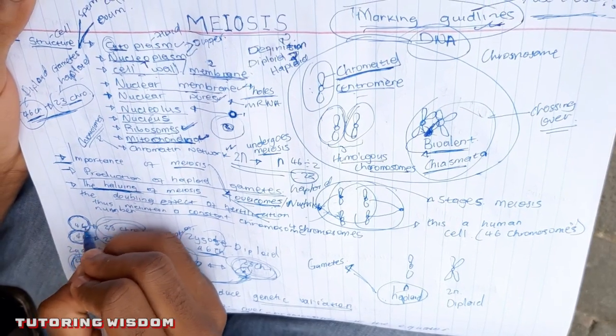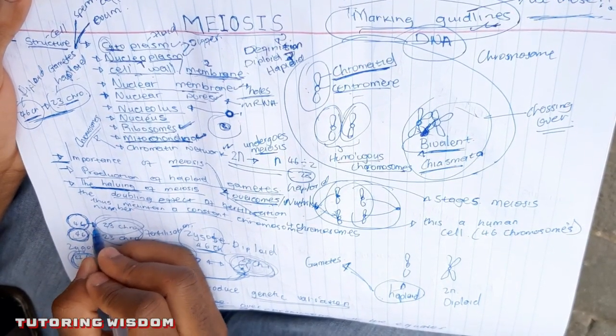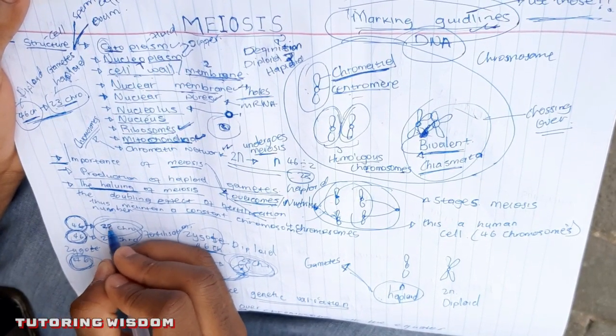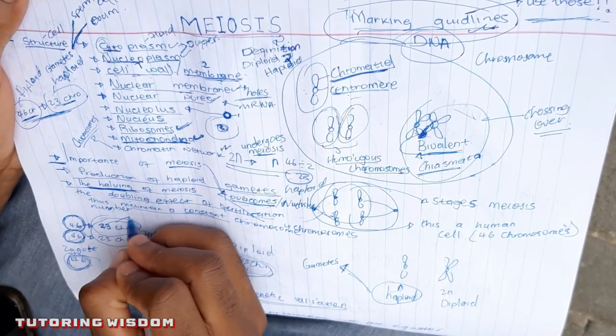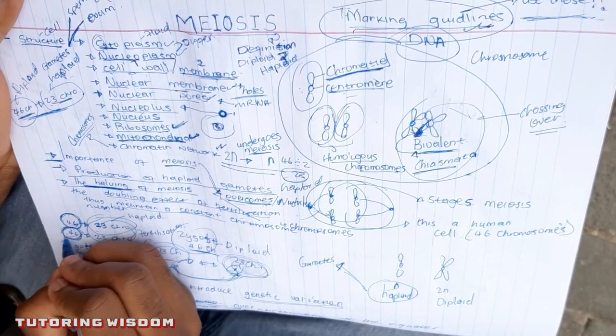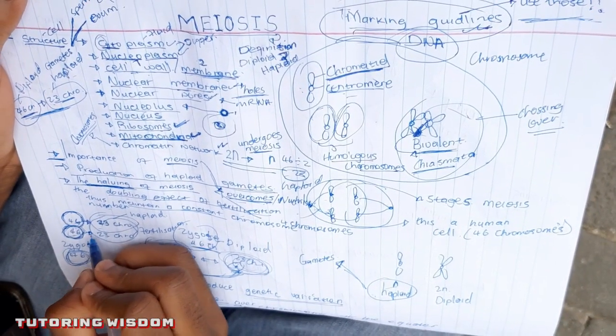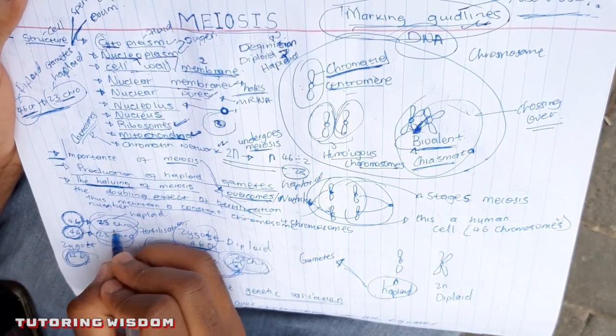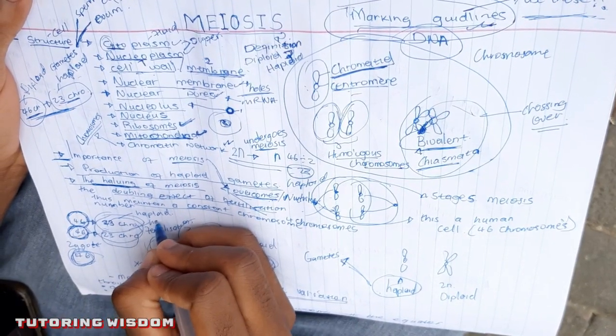So I have 46 chromosomes, but my gametes are made up of 23 chromosomes, which is haploid, or half the chromosome number. My wife also has gametes with 23 chromosomes, also haploid.